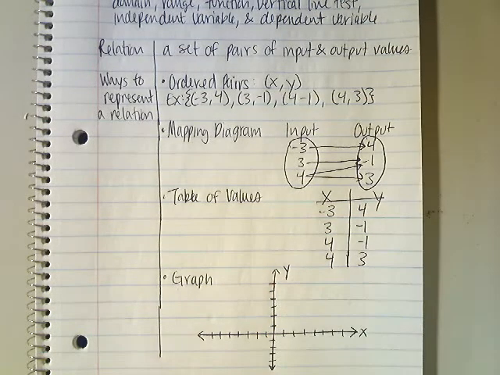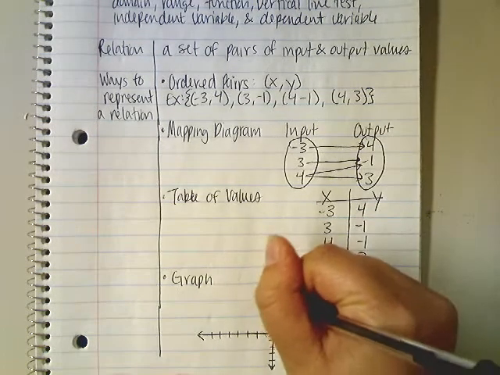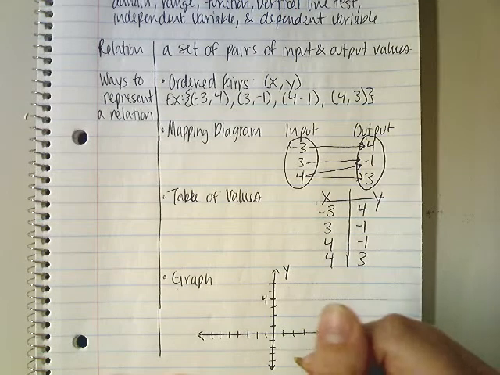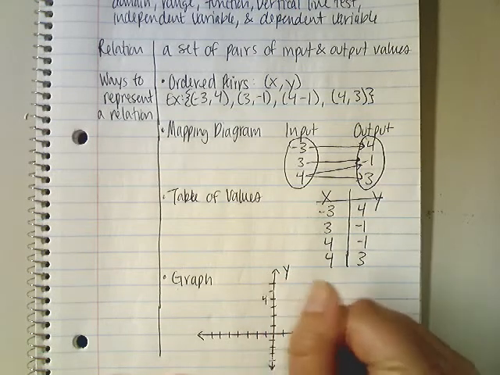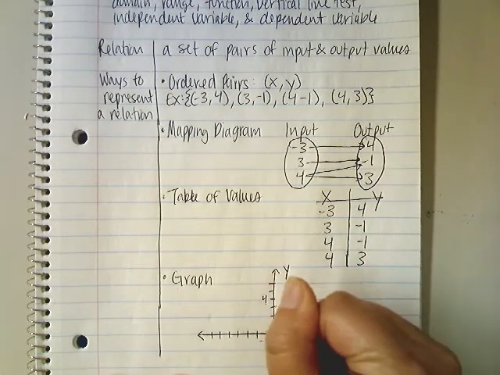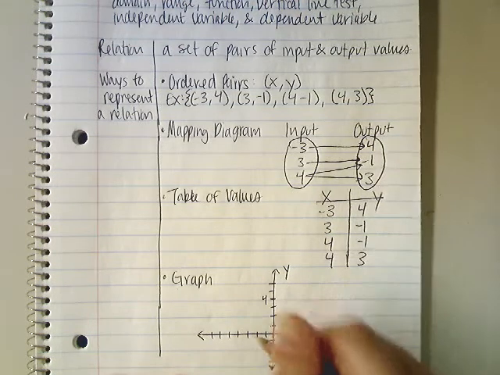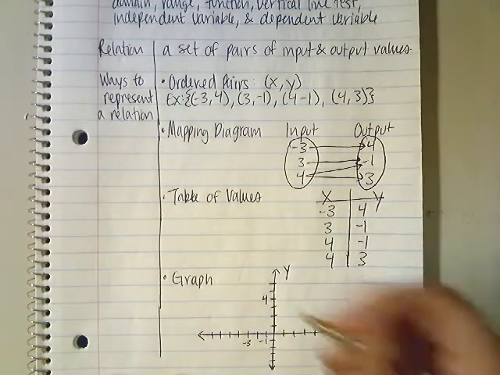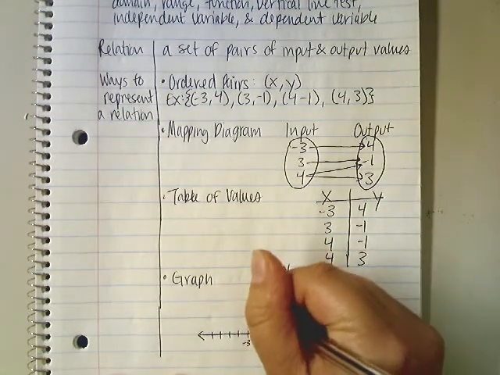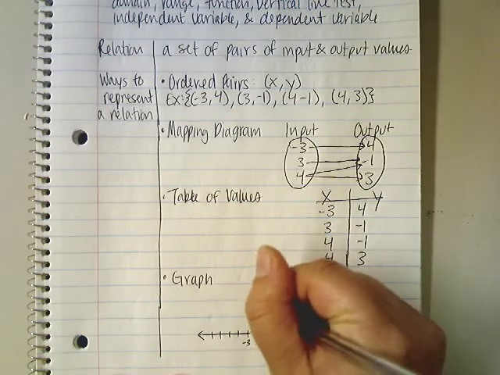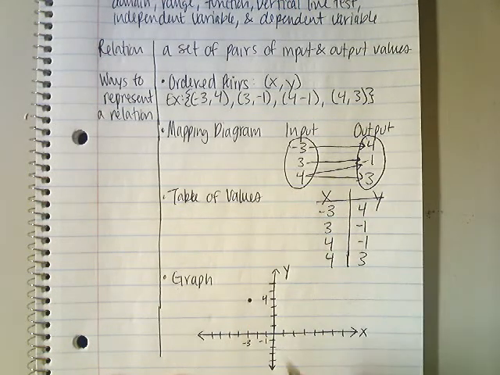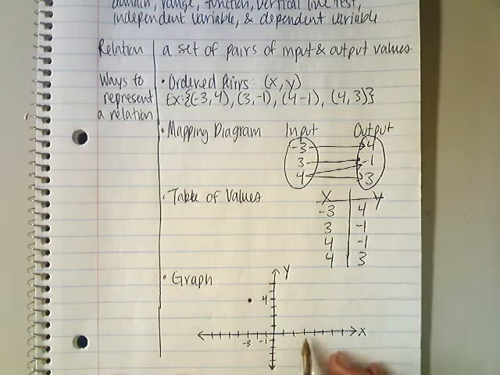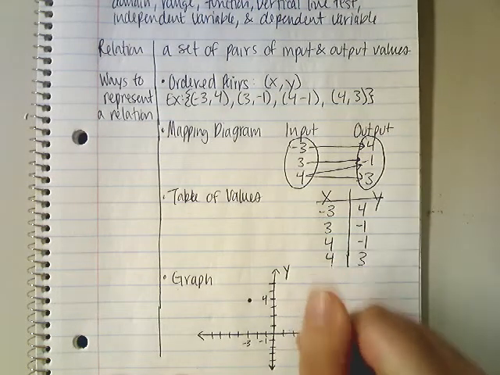Okay, so here is my graph, and I know this is 4 up here, and this is -1 down here. And my first one is (-3, 4), so I go to -3 over here, and then 4, so (-3, 4), it's right about there, so I plot that point. And then I'm going to go to +3, and -1.